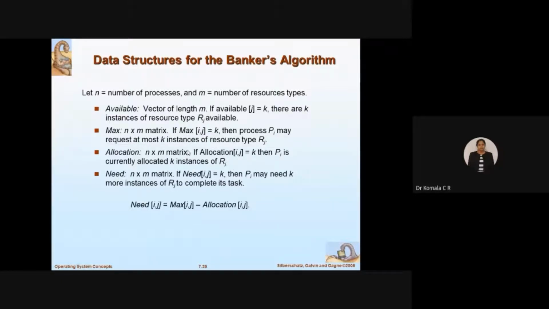So whatever is currently allocated, how many instances are allocated to each process for the given resource types? That is called allocation. Allocation means currently allocated. Maximum means the maximum resources available, that is, the number of resources Pi can request.